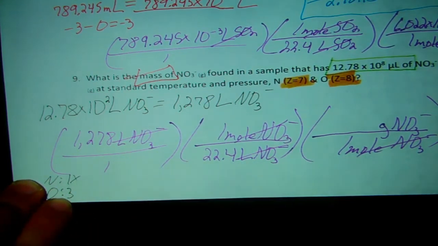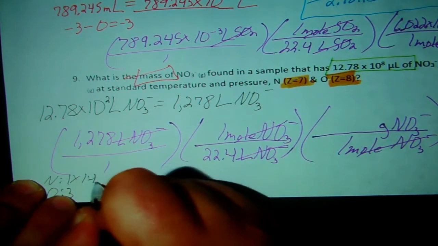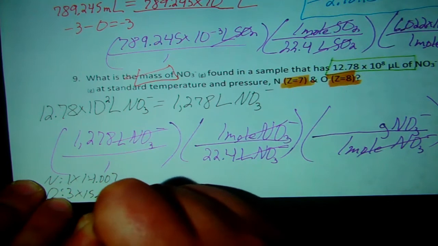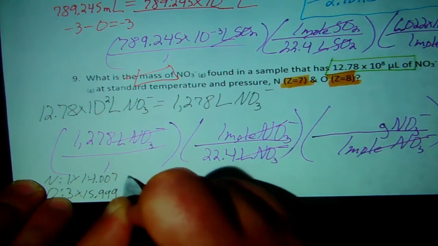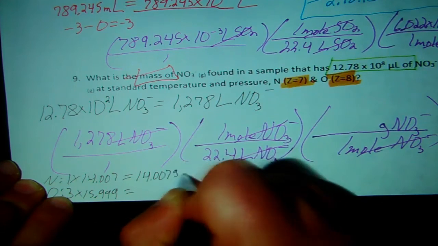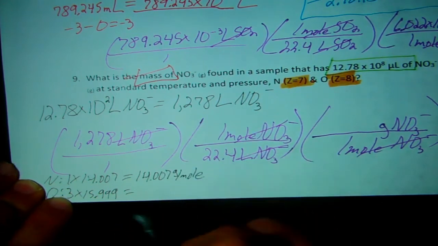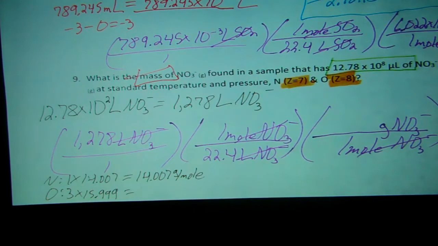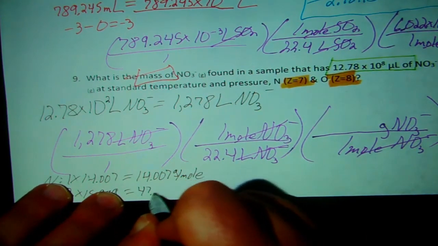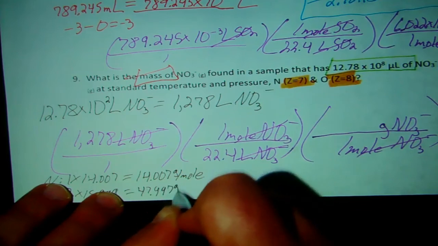It's 1 times 14.007, which is 14.007 grams per mole, and 3 times 15.999 gives you 47.997 grams per mole.